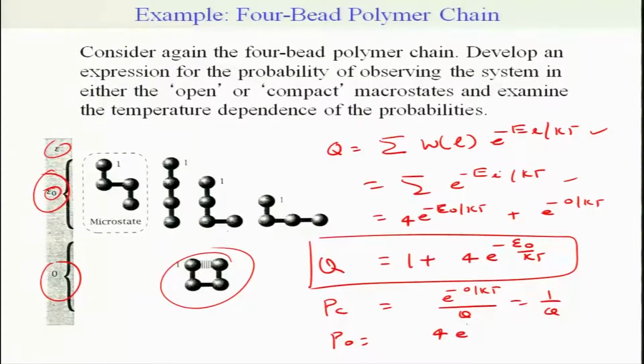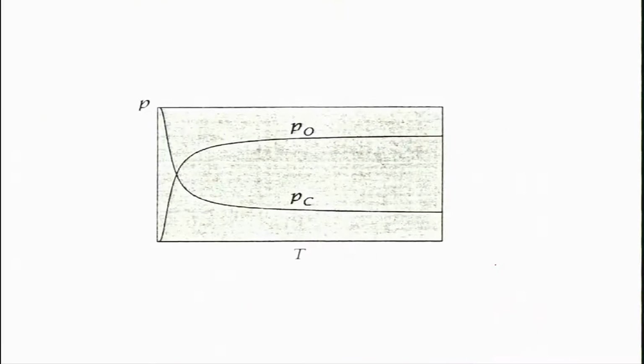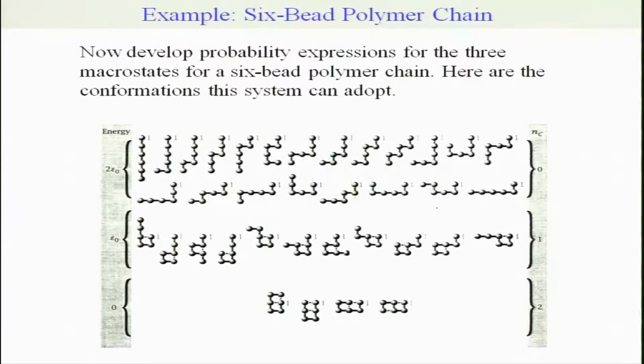This will be 4 e to the power minus epsilon 0 by k T divided by Q. Now, you can use this and actually plot it, because you have the expression for Q in terms of T. This is the plot which will come out, and it clearly shows that the compact state is preferred at low temperature, where the probability increases closer to 1, and the open state is preferred at a very high temperature, where its probability increases and the probability of the compact state decreases. You can continue this exercise also for 6-bead polymer chains, which I will leave for you to try at home.